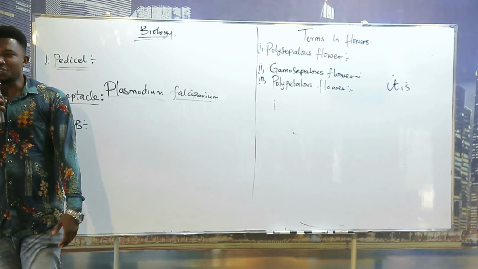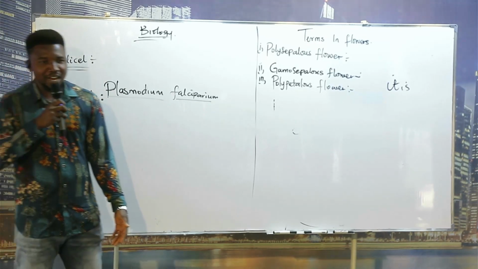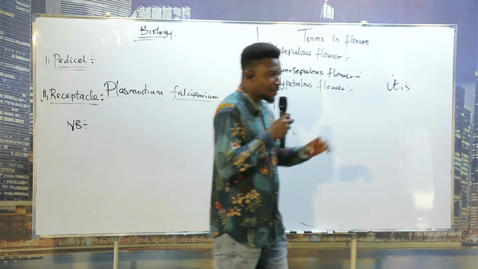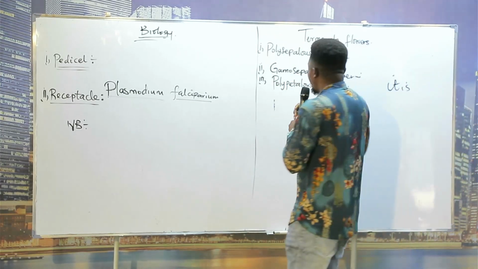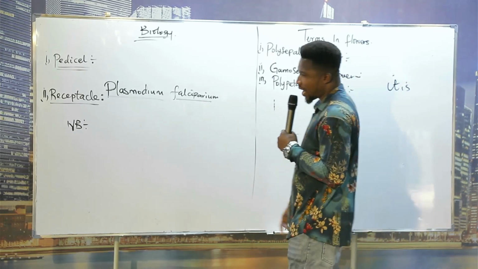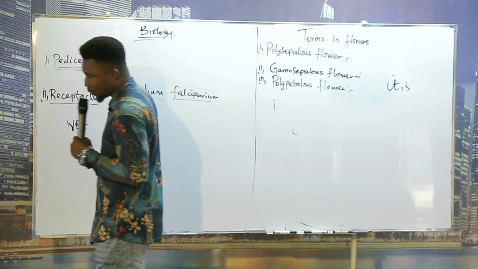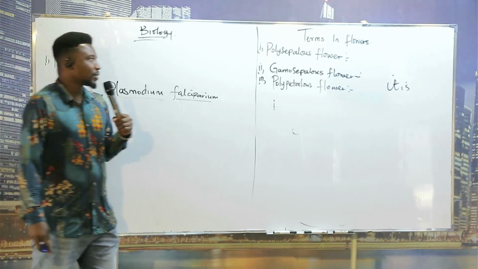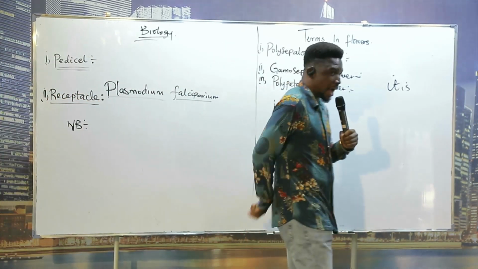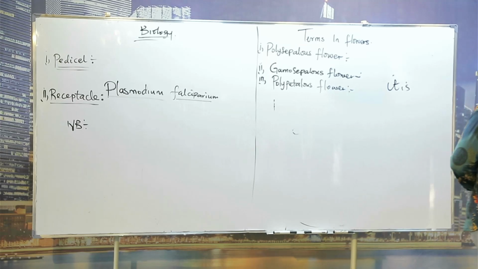Now, where can you find this kind of flower? Like rose flower, abi. Rose flower, the petals, you can separate each of them, right? So, polypetalous flower is a flower that has separate petals.